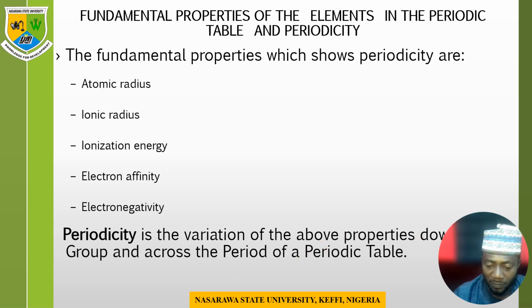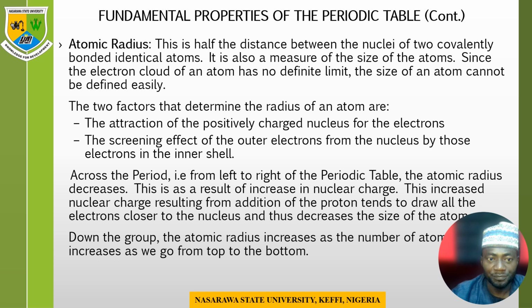So let's take number 1. The first property is what? Atomic radius. What is atomic radius? This is half the distance between the nuclei of 2 covalently bonded identical atoms. It is also a measure of the size of the atom. Atomic radius measures the size of the atom.